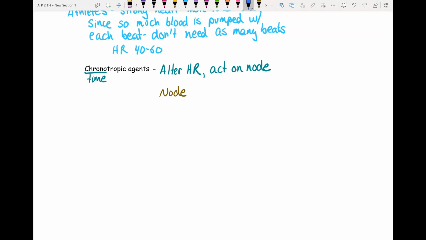You start at -60, then you let sodium in. That takes you to -40, which makes the calcium gates open. You let calcium in. This takes you to 0, which causes the potassium gates to open. Potassium goes out, and you're back to -60.